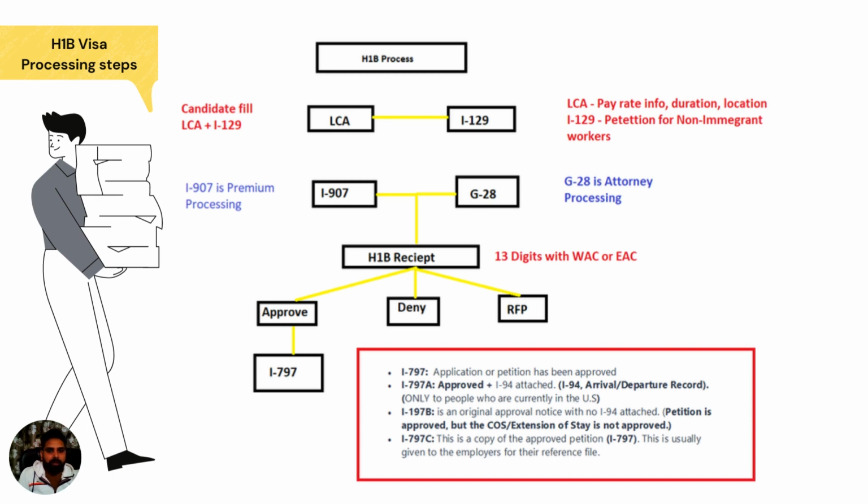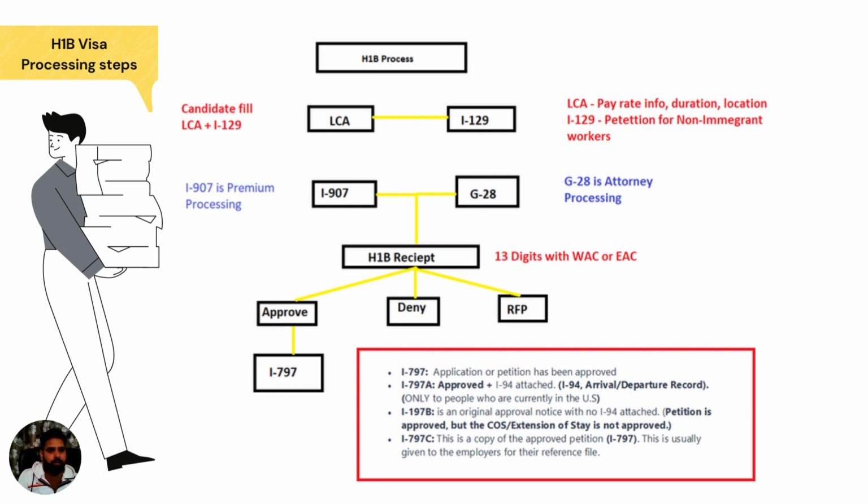Now we will do it quickly again. The candidate will complete the LCA and petition I-129. These two forms are submitted to USCIS, either with attorney processing or with premium processing. Now USCIS provides the H1B receipt.